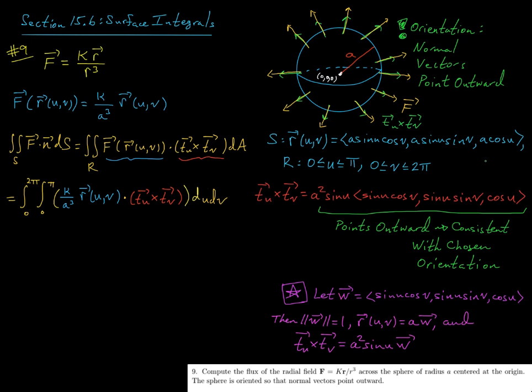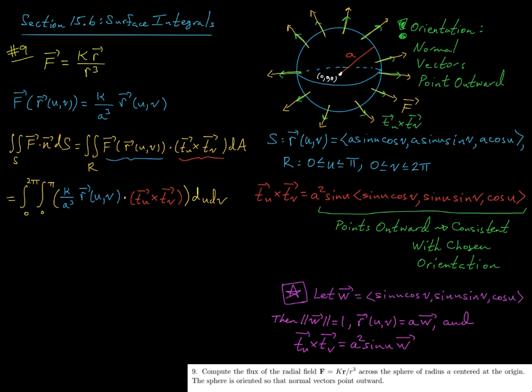By doing some rearranging and using the Pythagorean identity, I could see that it will simplify a ton. But there's actually an easier way, if you just notice that this vector, sine u cos v, sine u sine v, cos u, shows up in both of these expressions.